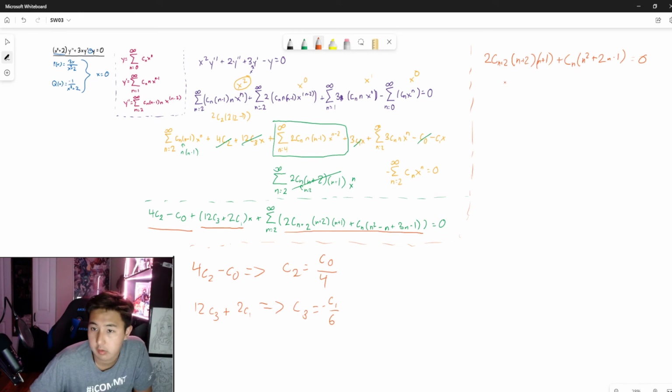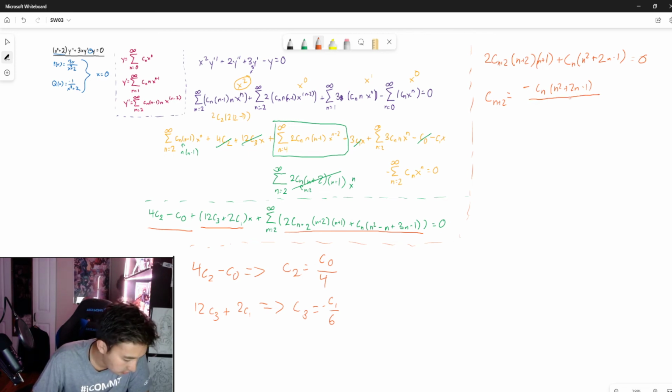Now if we rearrange the equation, we get cn plus 2 is equivalent to minus cn times n squared plus 2n minus 1, all over 2n plus 2 times n plus 1.